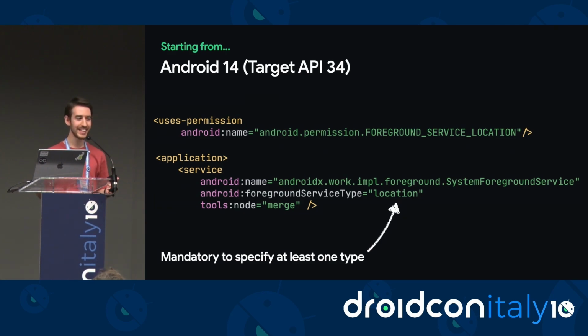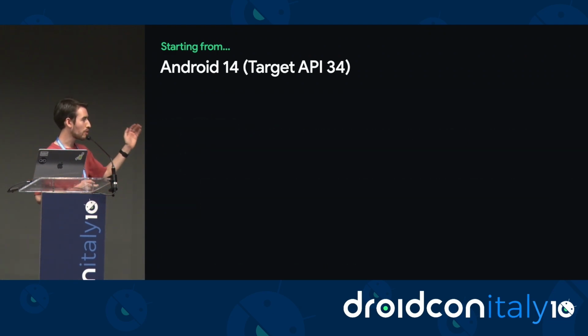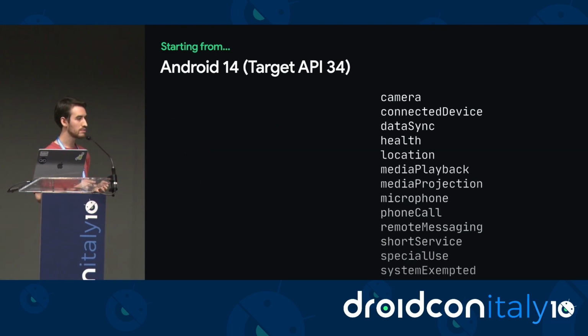Not only dangerous permissions, but you have to say basically what your foreground service will do. You also have to ask for the required permission, which is FOREGROUND_SERVICE and then an underscore and the name of the type of the foreground service. So now you have all of those types for every type of work that you might do in background. Make sure to define those in the Android manifest.